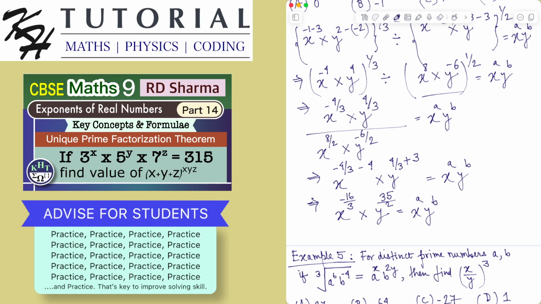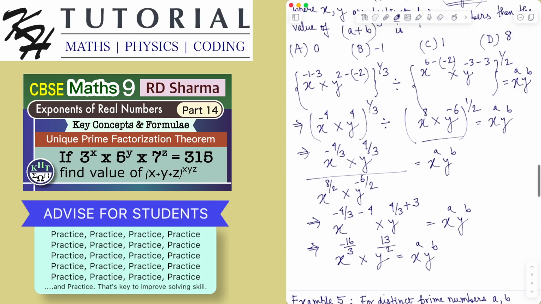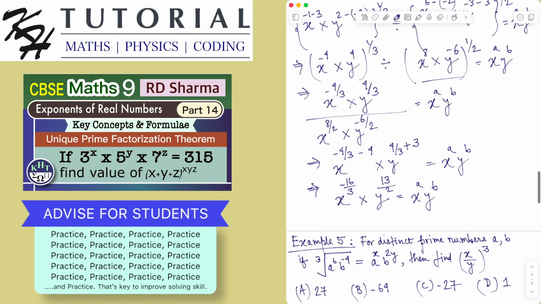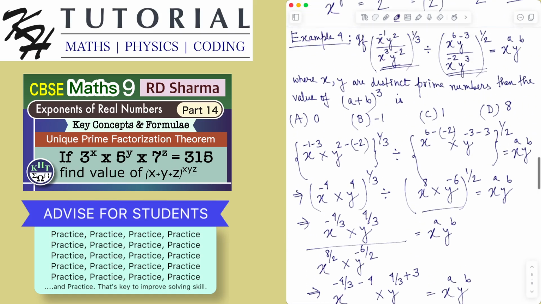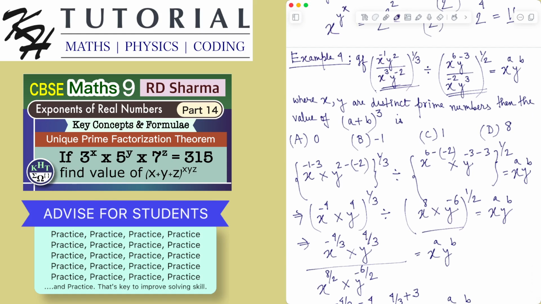So now we have x to the power minus 16 by 3 multiplied by y to the power... I will quickly check whether I have correctly copied the question or not.